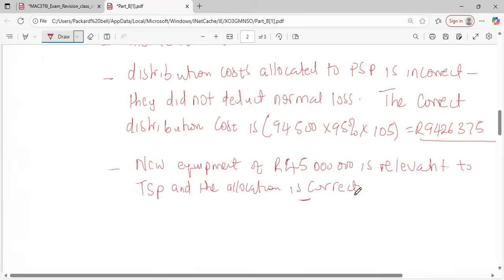So this is going to be correct, okay? Right, so we're done with this. So what we tested here is your understanding of relevant cost.